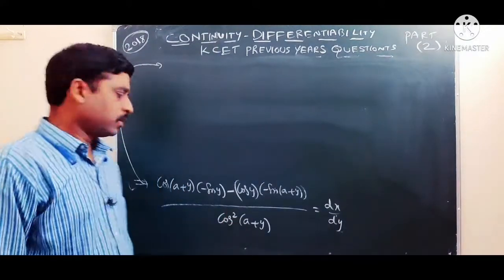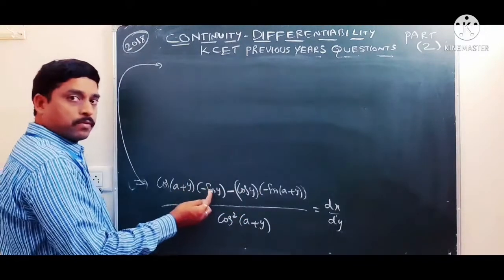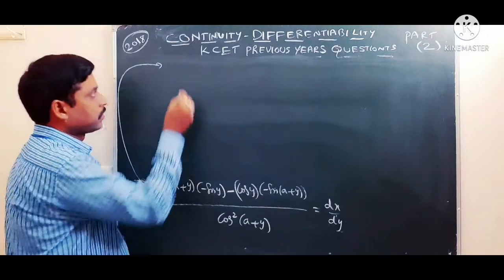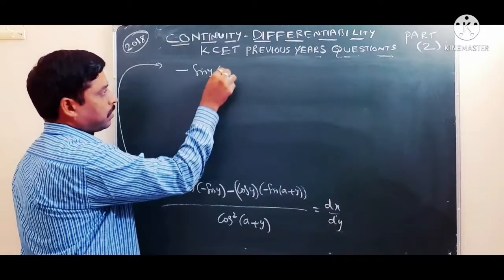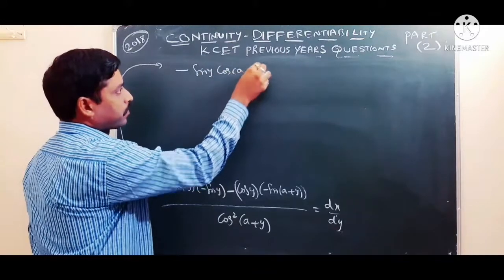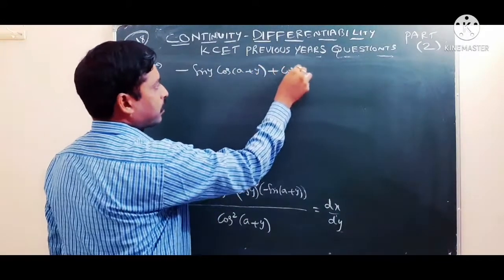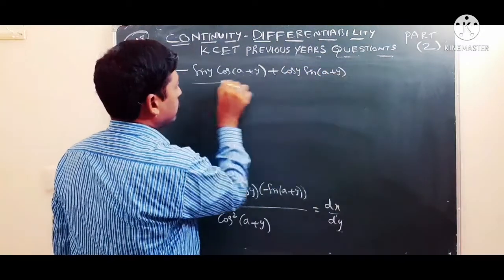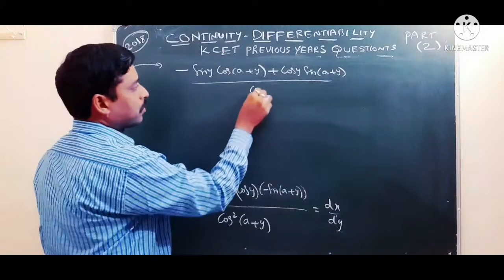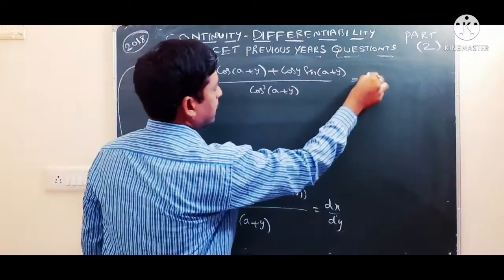Okay, this is the continuation. In this, we got minus sin y cos of a plus y, and minus into minus gives plus cos y sin of a plus y. This whole divided by cos square of a plus y is equal to dx by dy.